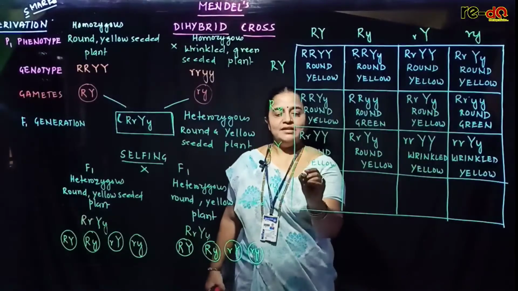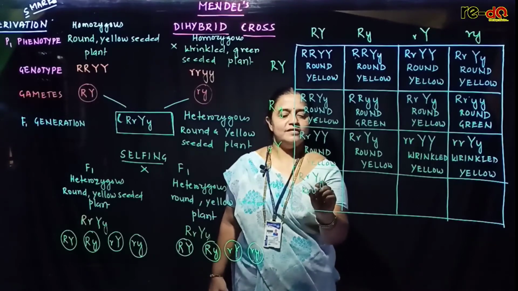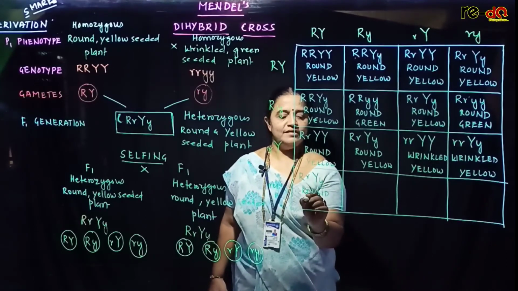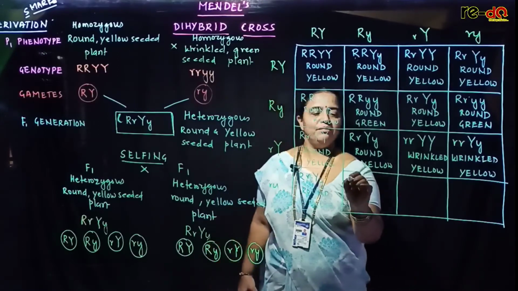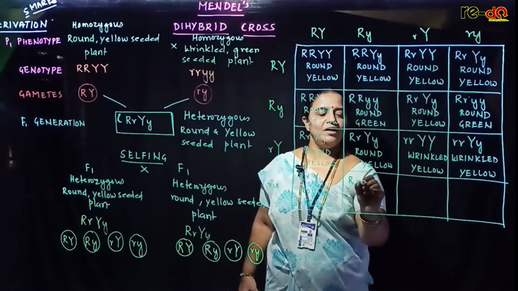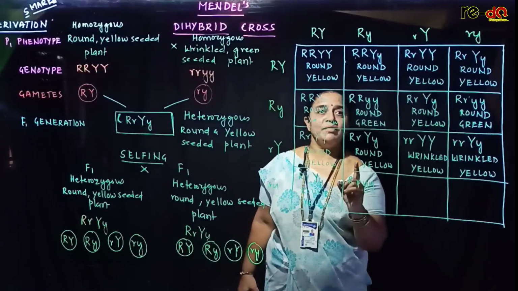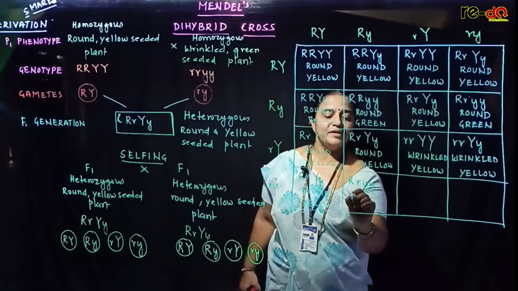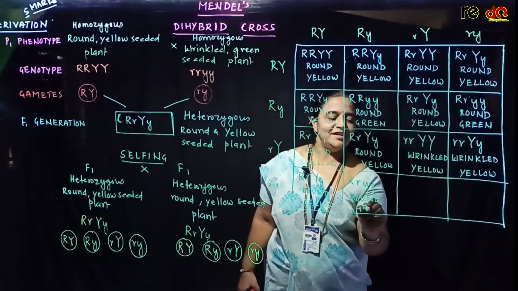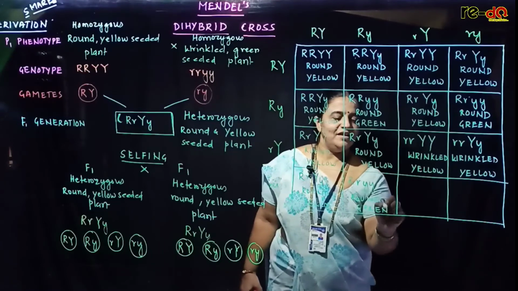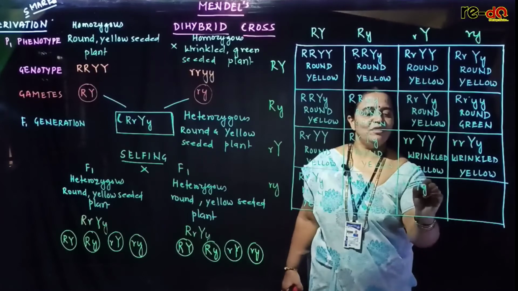Now, R small r, Y small y. Hope by this time you are perfectly following. R small y, small y. When two small letters come, remember the recessive trait is expressing. So this becomes round green. Now, R Y small y.